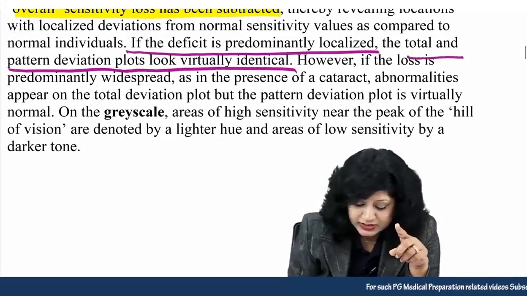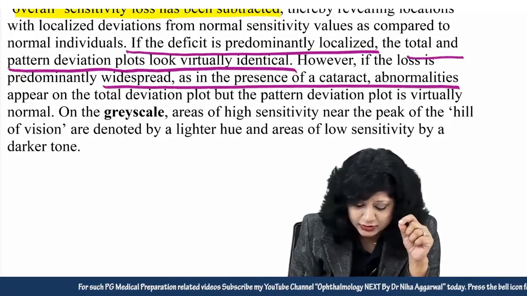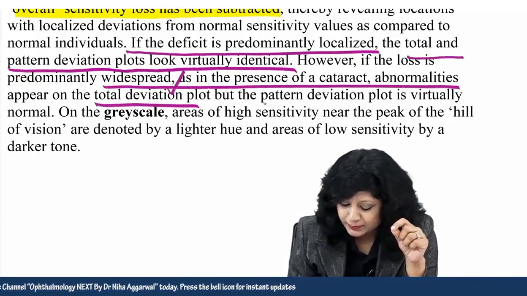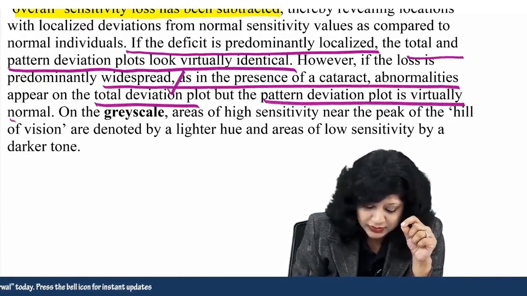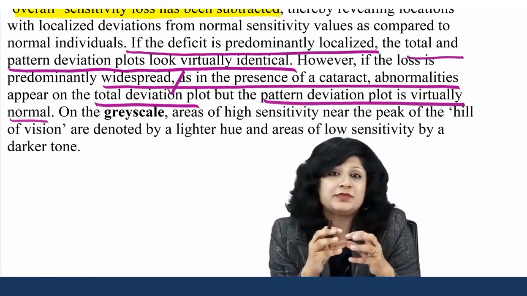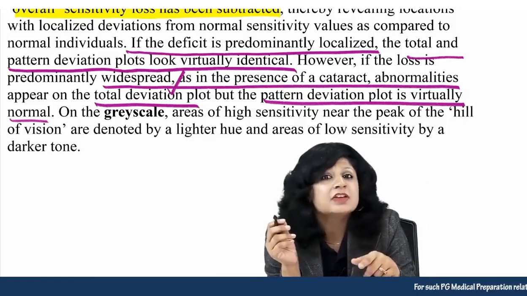However, if the loss is widespread, as in the presence of a cataract, abnormalities appear on the total deviation plot, but the pattern deviation plot is virtually normal. So this is common sense also. If the visual field defect is localized, you will get it on the total deviation plot and the pattern deviation plot also.